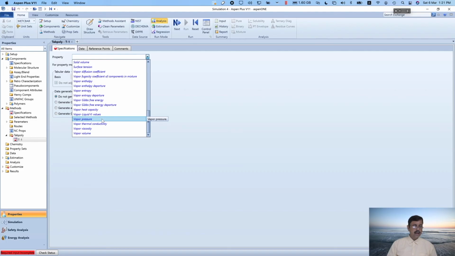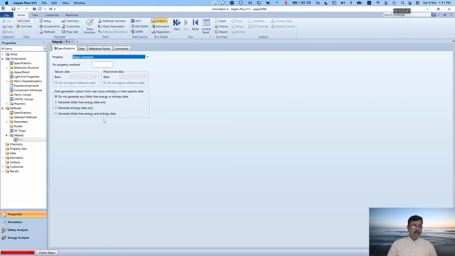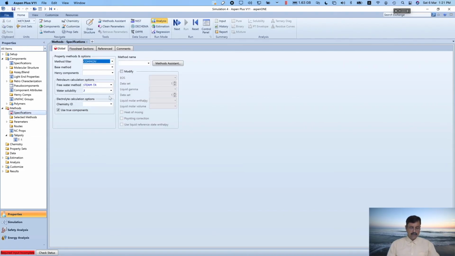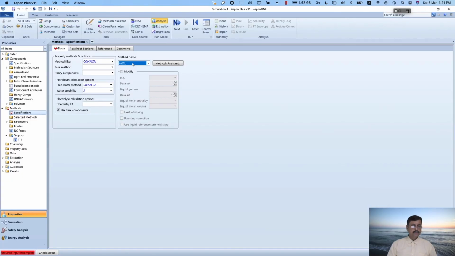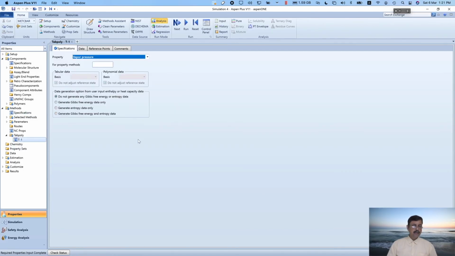Now we have to set a property method. Let us choose a property method first. It is the Nrtl property method. So choose the property method Nrtl. Here also we have a few options for data generation.